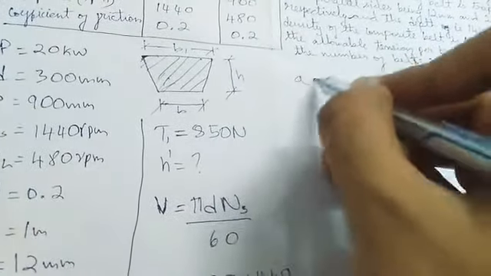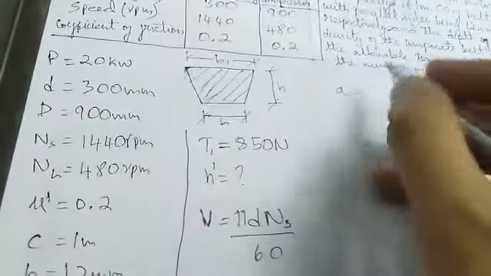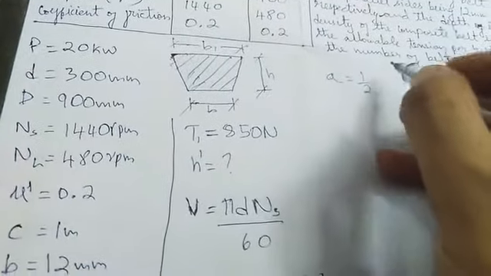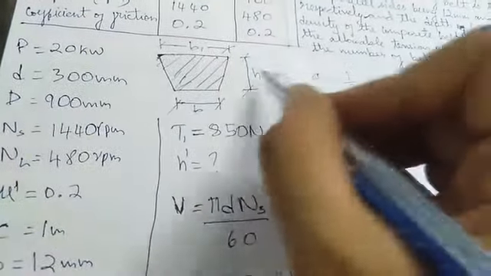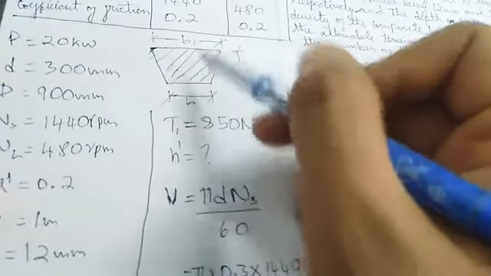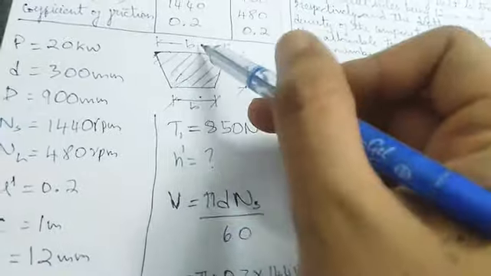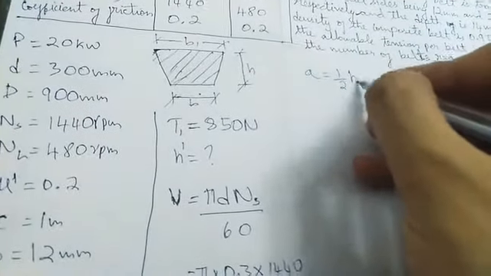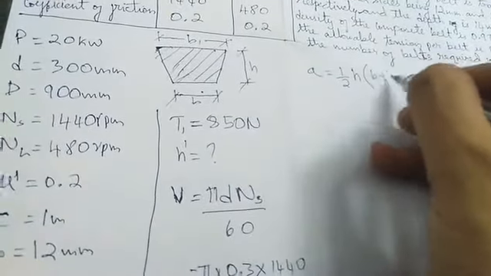Next we shall find the area. Area of trapezium is half h into a plus b. H is the parallel distance between the parallel sides, and a plus b is the parallel sides. This is a, this is b. So half h into b plus b1.